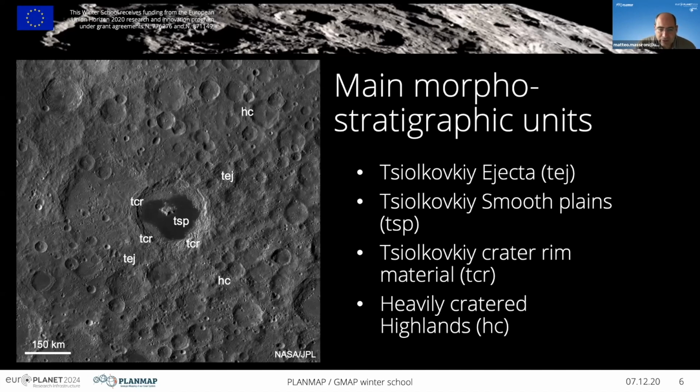And then you have the smooth plains inside the Zykowski, the dark ones, clearly visible. And all around the Zykowski crater, you may have heavily cratered terrains that are the islands, the bright ones that we have seen before.